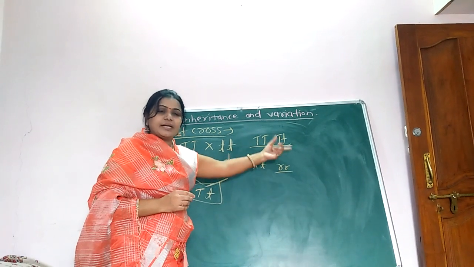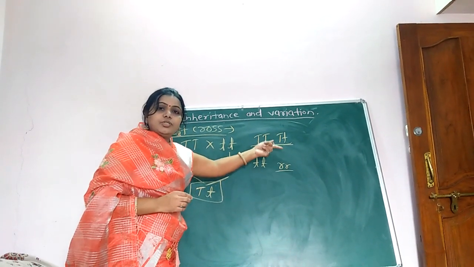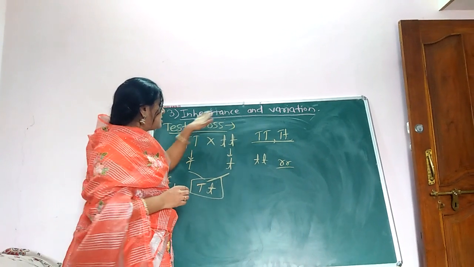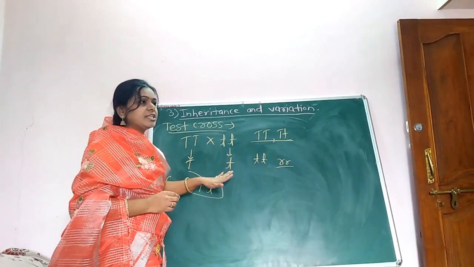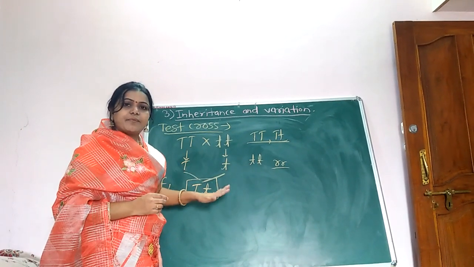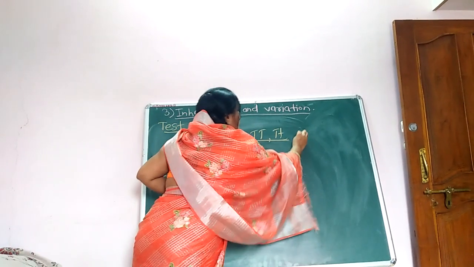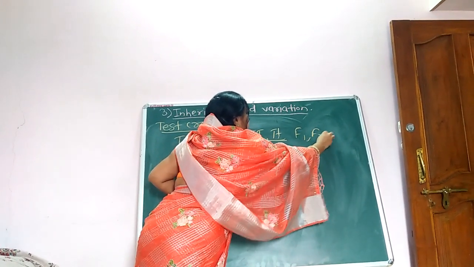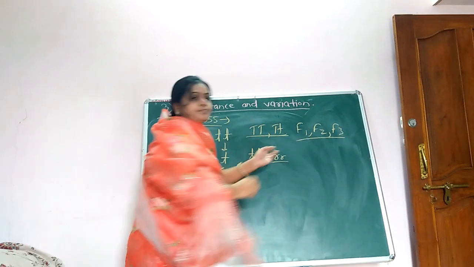To know the dominant expression, we use test cross. That means the test cross is used to verify the genotype of F1, F2 or F3 generation.